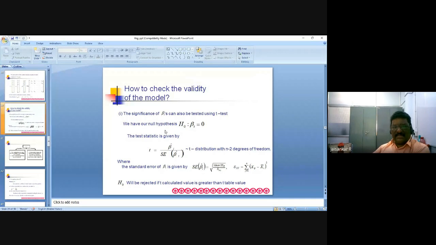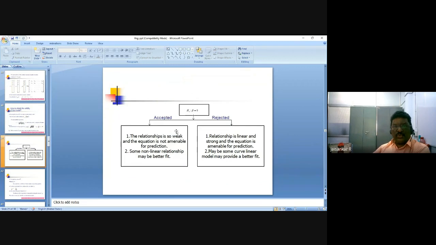There is a test for testing the significance of the correlation coefficient, given here. I will teach you while I teach testing of hypothesis. If it is significant, then these are the inferences I can make from the acceptance or rejection of the null hypothesis that beta is equal to 0.